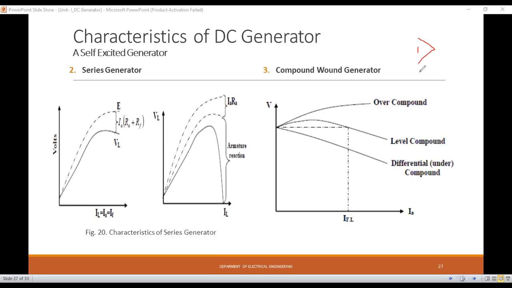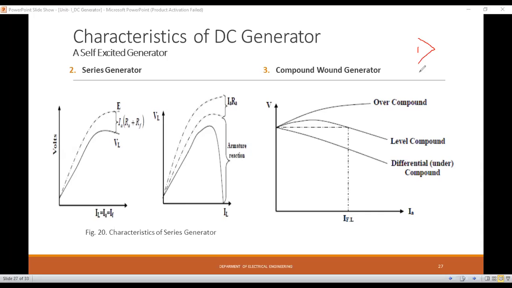I have already told you both definitions. When the series field winding flux adds to the resultant flux, we call it a cumulatively compounded generator, and when it opposes the shunt field winding flux, we call it a differentially compounded generator.